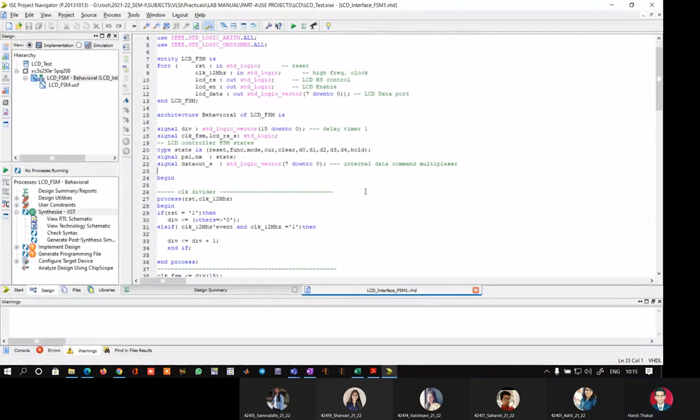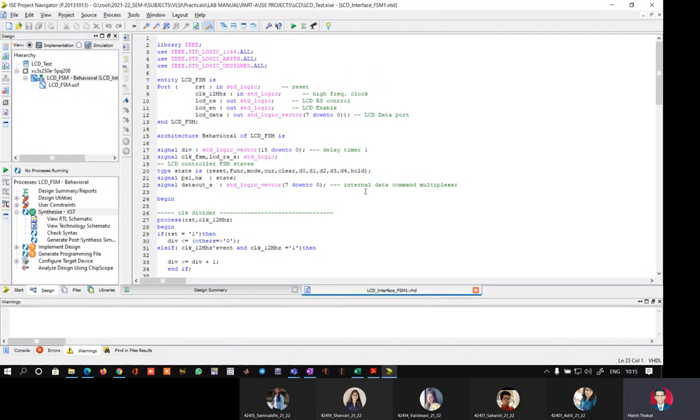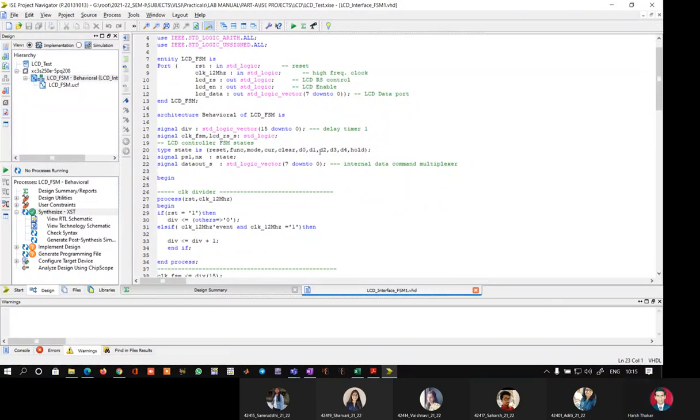Now, coming to our code, before I speak about the code, I want to tell you that this is the first MVM in which you are seeing more than one process.